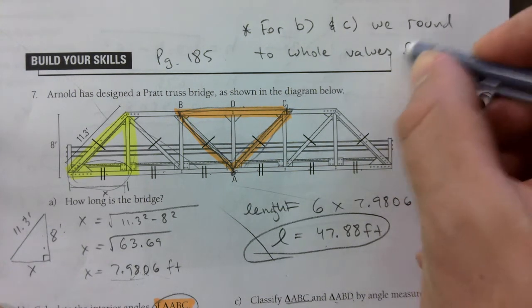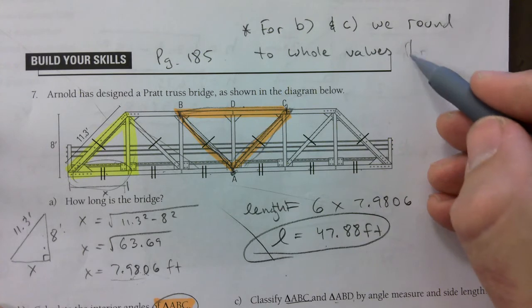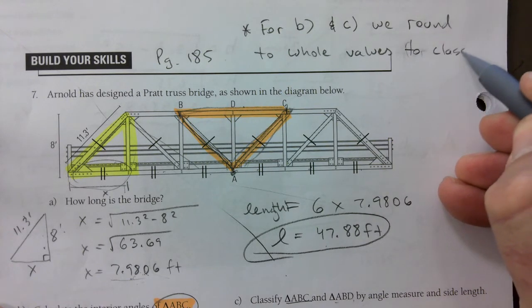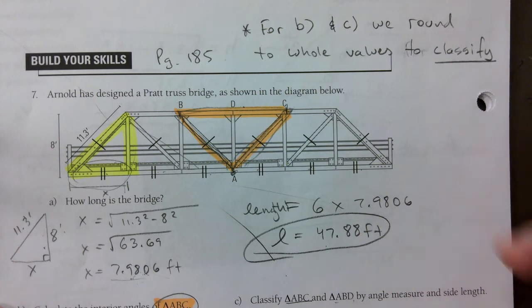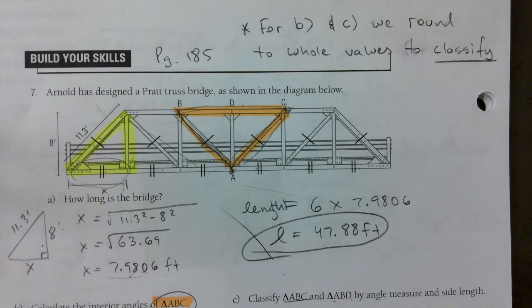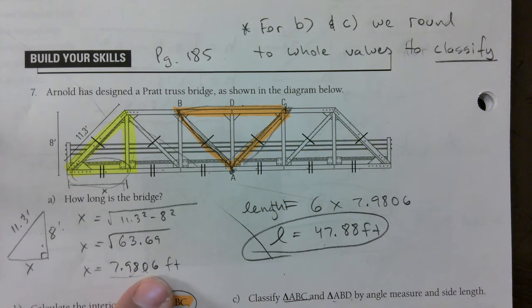Values to classify. To classify. So there we're not so concerned because we know that we're not getting an 8 here. We get 7.98. But if we used all of the decimals, it would probably be very close.